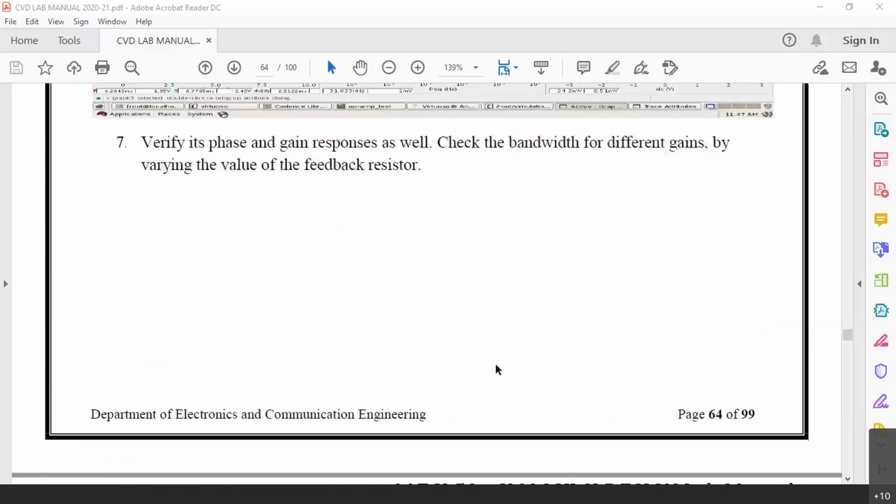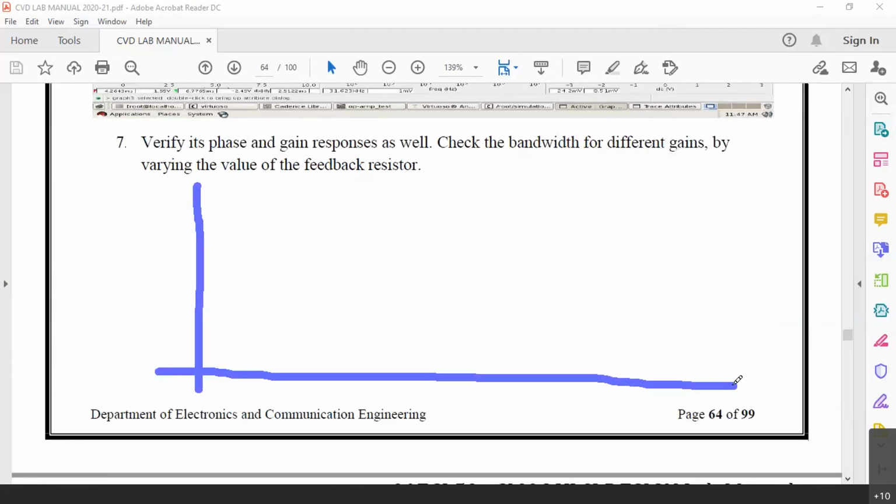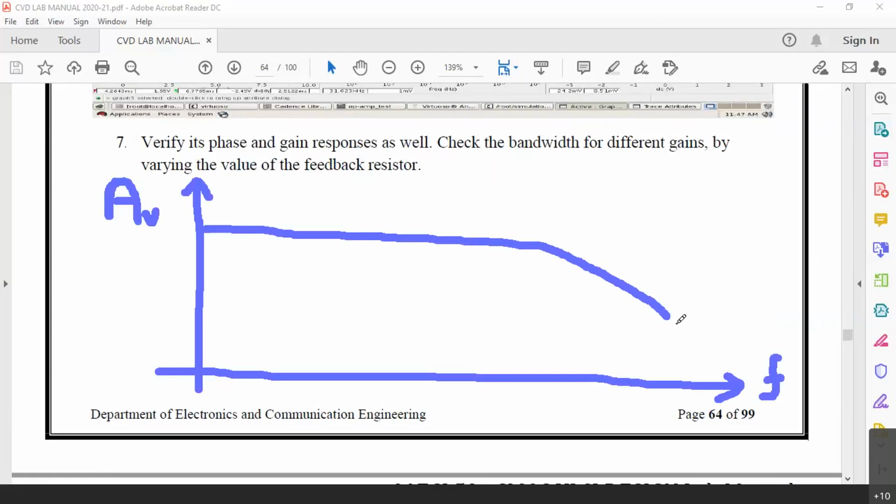Now let me tell about that capacitor. To conclude, before that, let me tell about the capacitor. X-axis is frequency and y-axis is gain in dB. Now, as this is a direct coupled amplifier, we can say that the gain curve is like this.